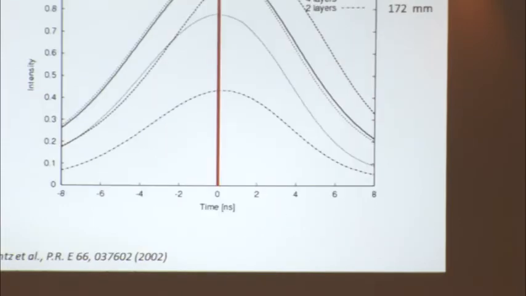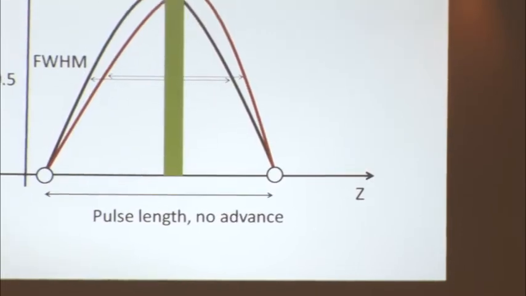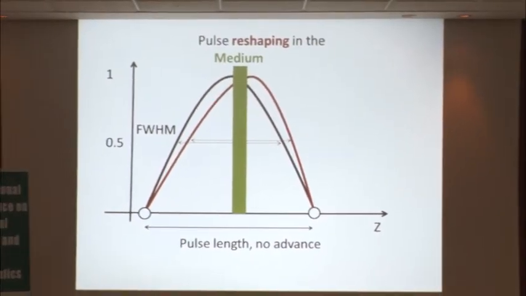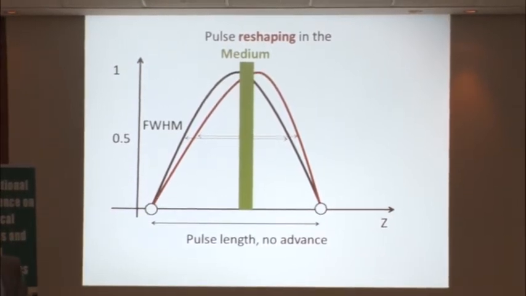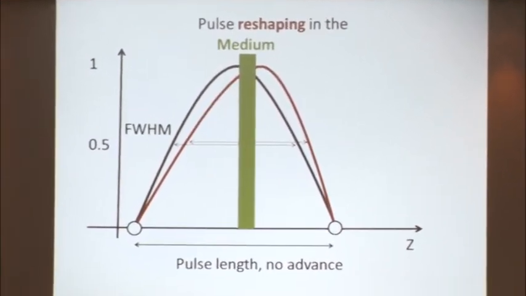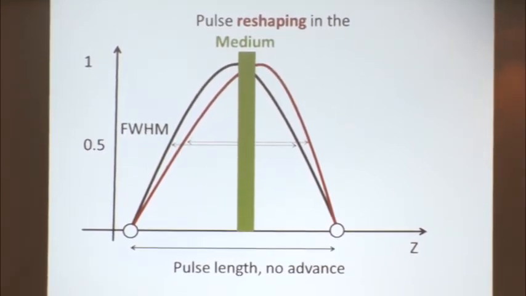So once more, and now I show you what I mean with pulse reshaping. All these classical experiments about which I spoke at the beginning have this type of reshaping.